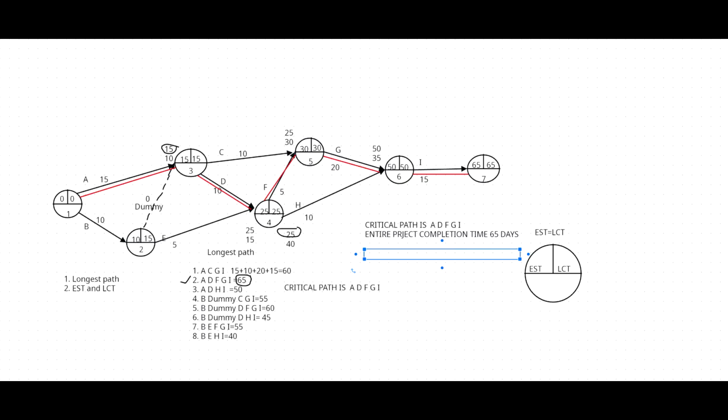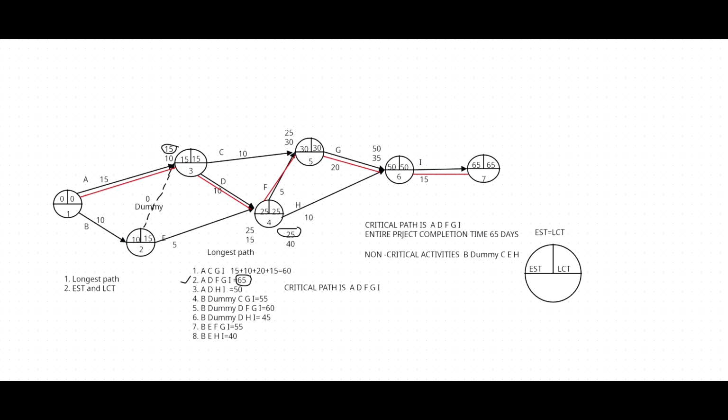I earlier mentioned if you delay critical activities, it affects the entire project completion time. Therefore, you can't delay the critical activities. Assume you delay activity A another 5 days, A becomes 20.